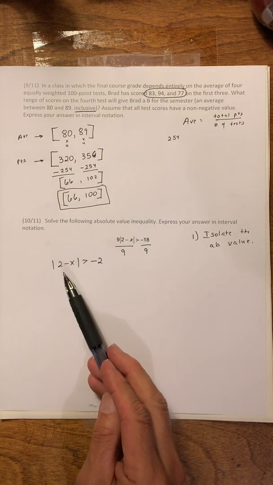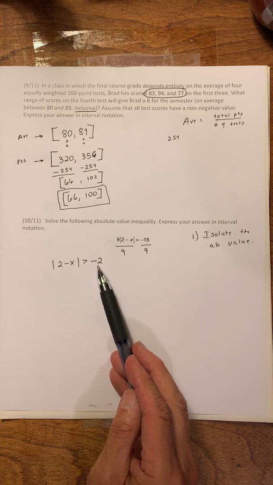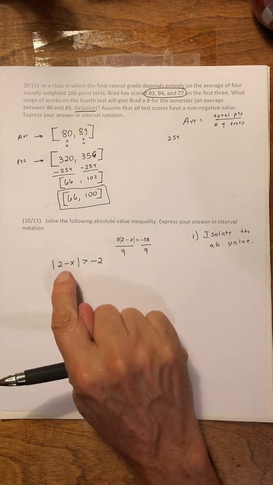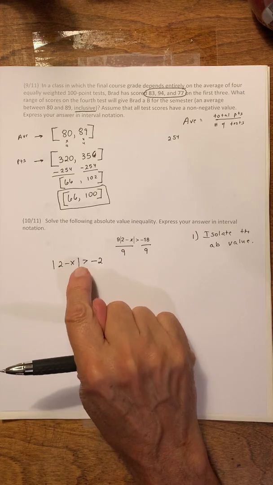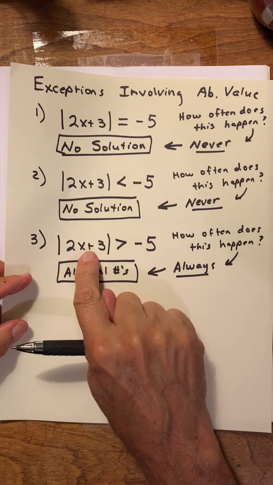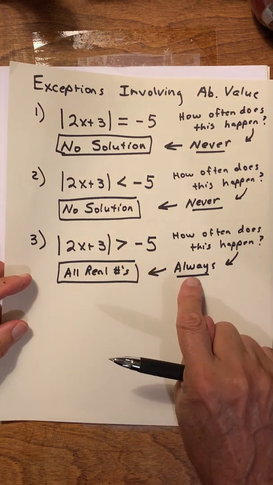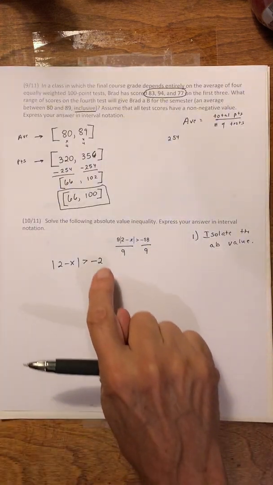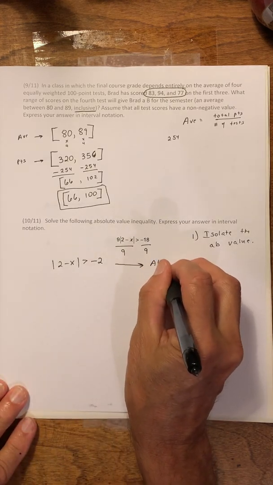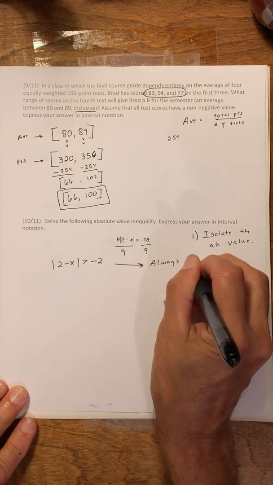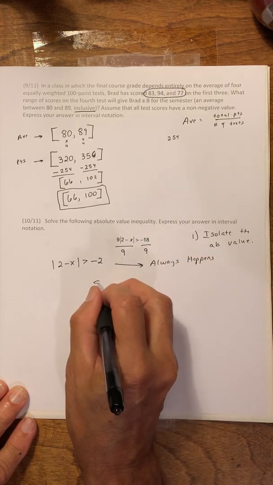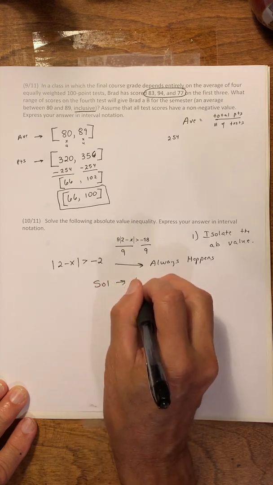How often is an absolute value greater than a negative number? That always happens. And since this always happens, I can conclude that my solution set is all real numbers.